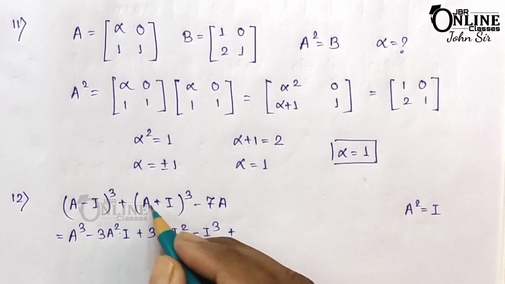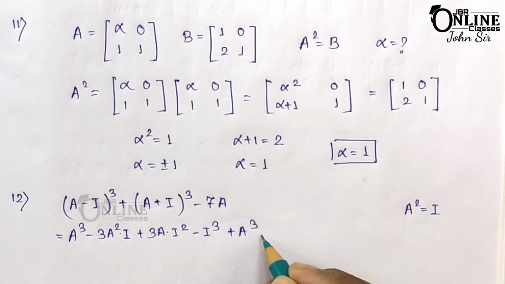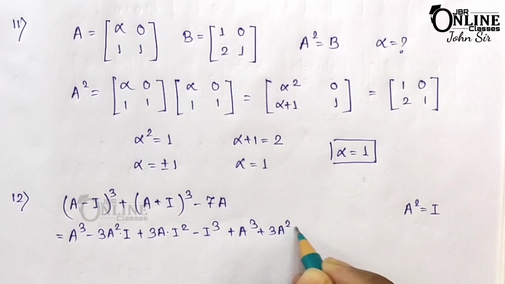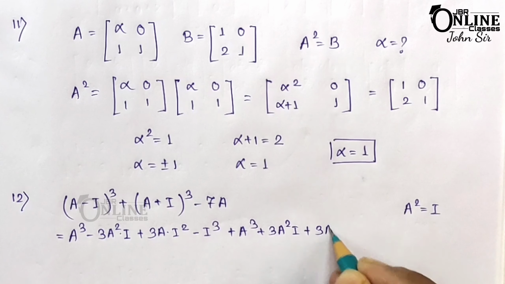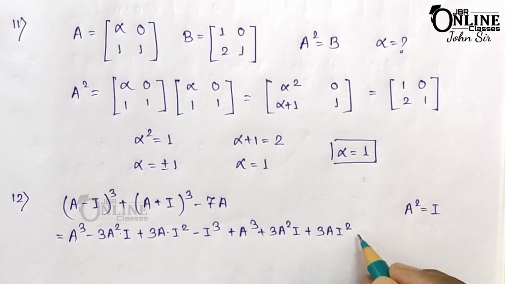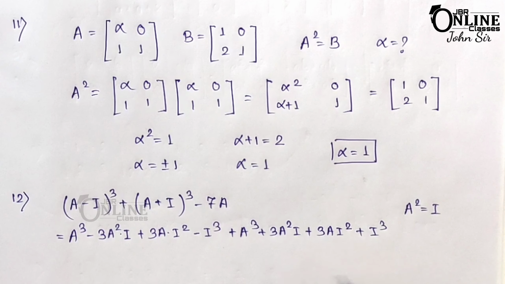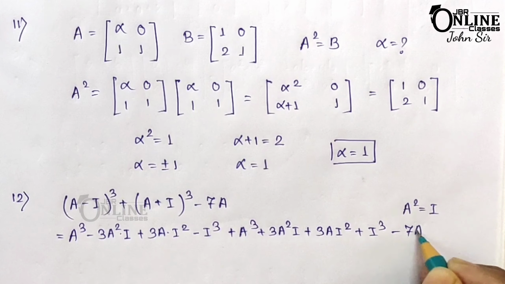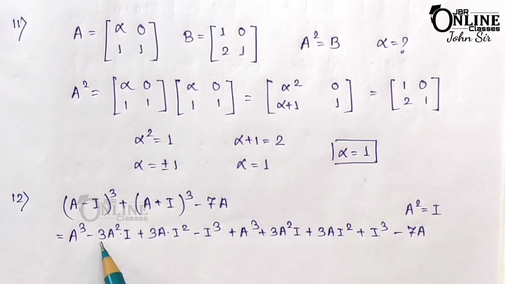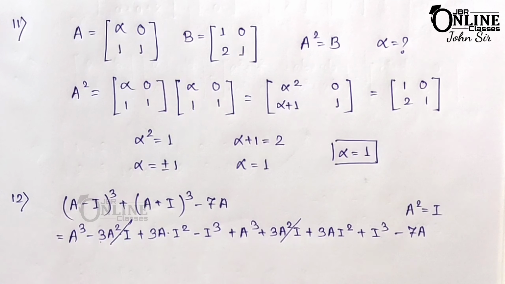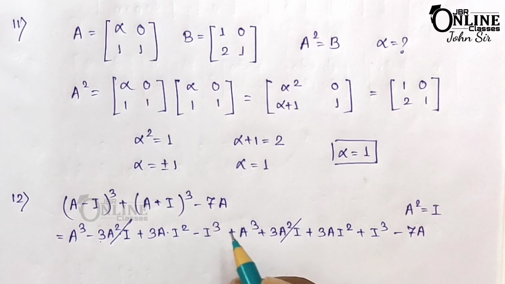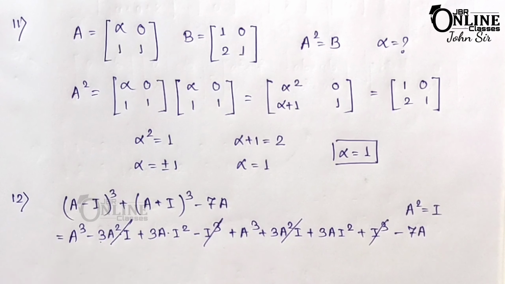Then again here A cube plus 3A square I, after that, sorry, it will be also plus 3A I square, and the last one will be plus I cube, and then minus 7A. So as here 3A square I, here 3A square I will cancel out, and here minus I cube plus I cube will also cancel out.